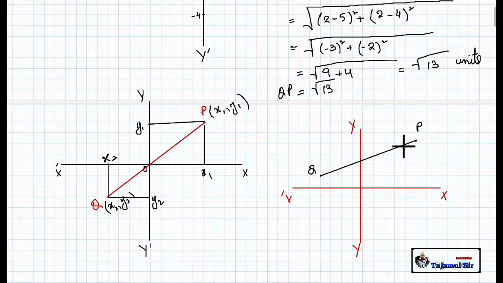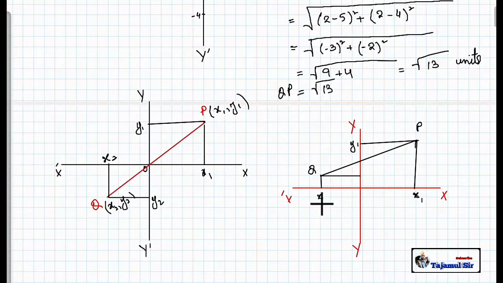Similarly, in this graph, you can also easily find that this is our x1 and this is y1, and this is x2 and this is y2. It means when we draw a line from a point towards the axis, the place where it meets the axis is its x1.